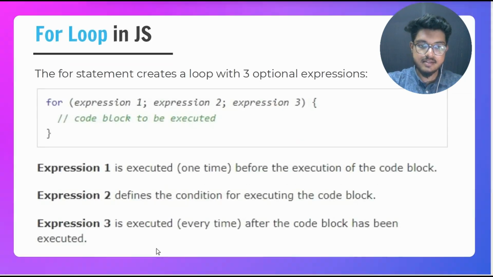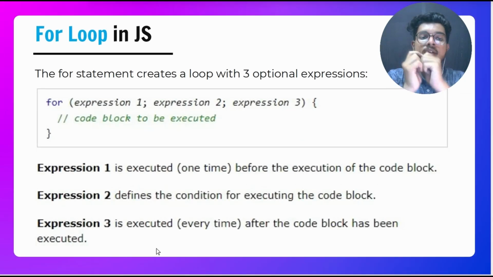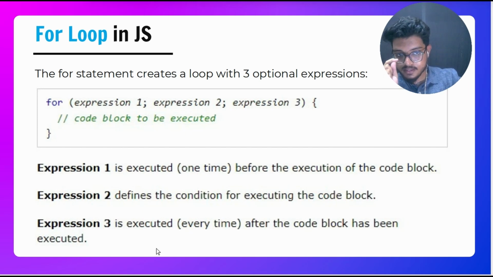We'll discuss this. Coming to the for loop. The for loop creates a loop with three optional expressions: expression 1, expression 2, expression 3. This is the syntax of writing. Always remember this. Very important. This syntax is similar to C and Java.